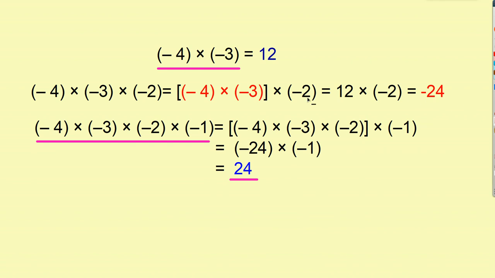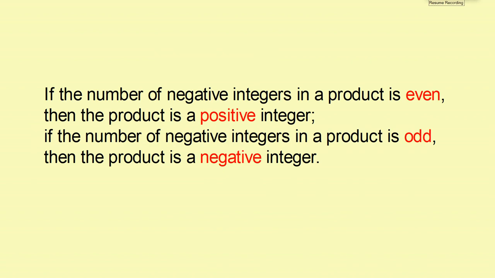If 2, 4, 6, 8 integers are there in a product, you always get a positive integer as an answer. So we can write, if the number of negative integers in a product is even, then the product is a positive integer. If the number of negative integers in a product is odd, then the product is a negative integer.